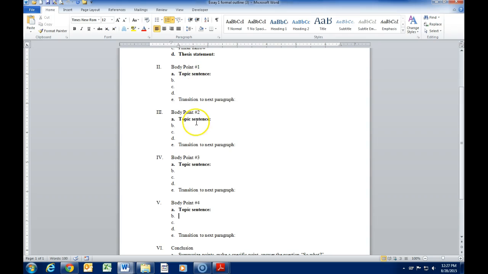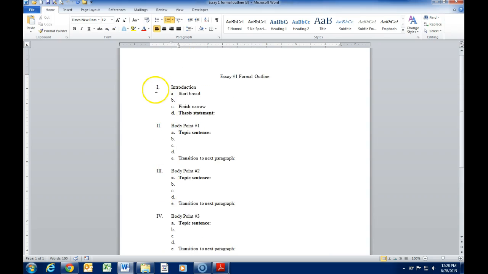If you discuss a couple of literacy events and you're only at a page and a half, you're probably going to have to discuss a third and a fourth literacy event in order to meet the page requirements. Okay, so my point is, your particular essay may not use all 4 of these body points. You may only use 2 or 3, but you should not have more than 4.